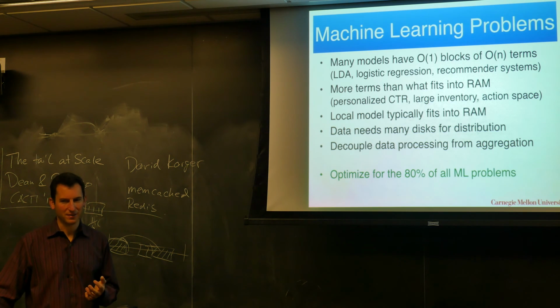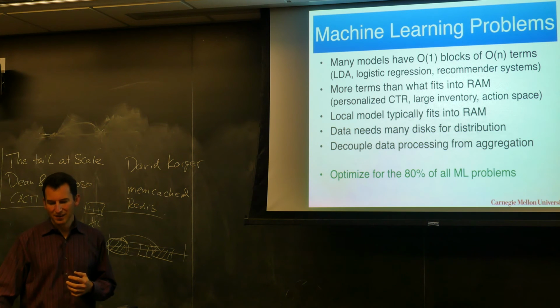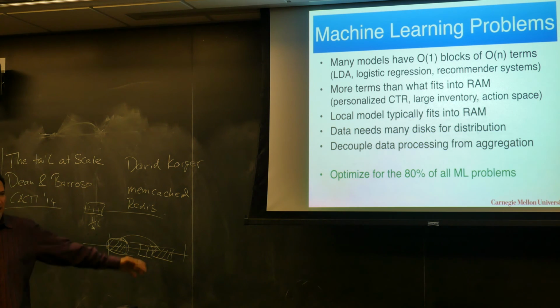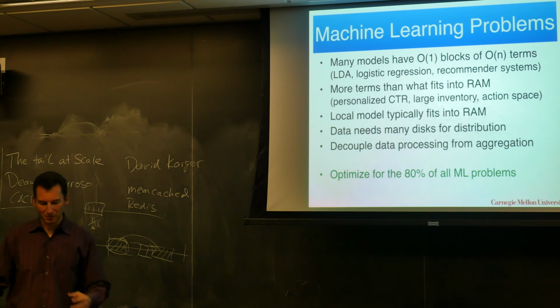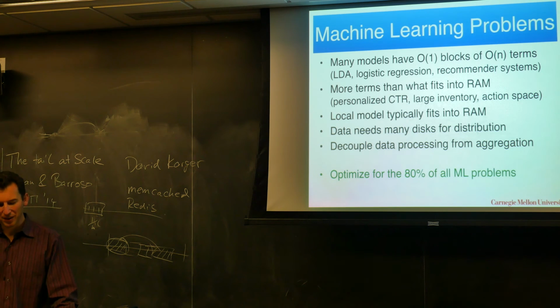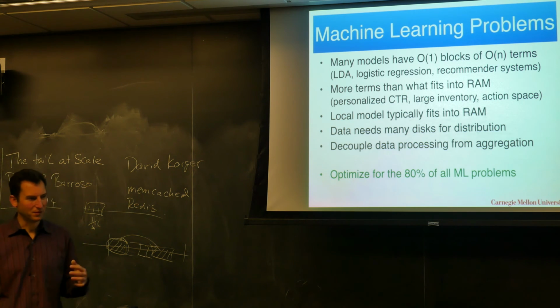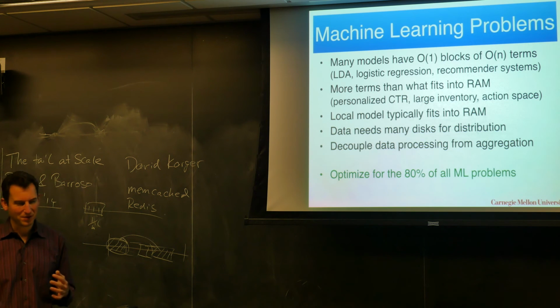It means that we don't really have too many different blocks that we need to keep synchronized, that we need to keep analyzed. The second thing is, usually I'll have way more data, more parameters than what fits into the memory of a single machine. But usually my local working context does fit into a machine. And so what you then do is you basically decouple the aggregation from the data processing.